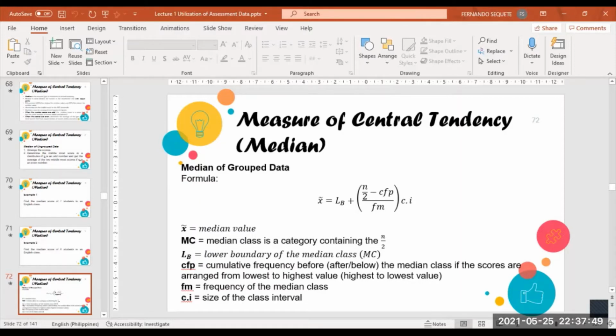So that you will not be confused with this particular topic, you really have to understand the variables of this formula, because each variable has particular rulings for you to get its value. So we have to understand that. If you feel that it is very confusing, you just have to go back to the discussion. Go back to this video again.